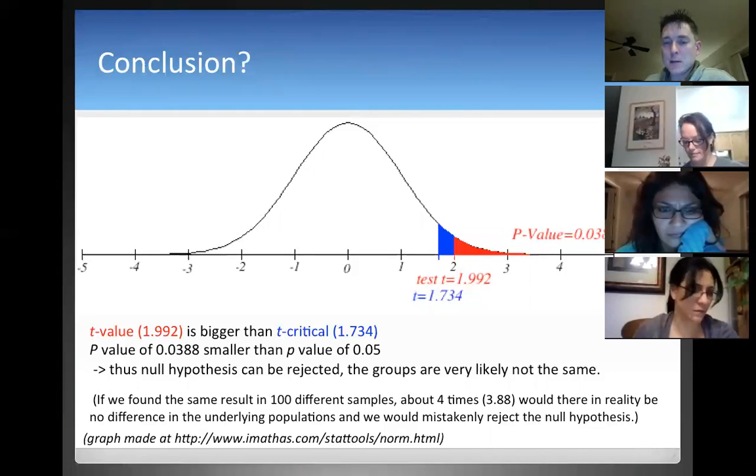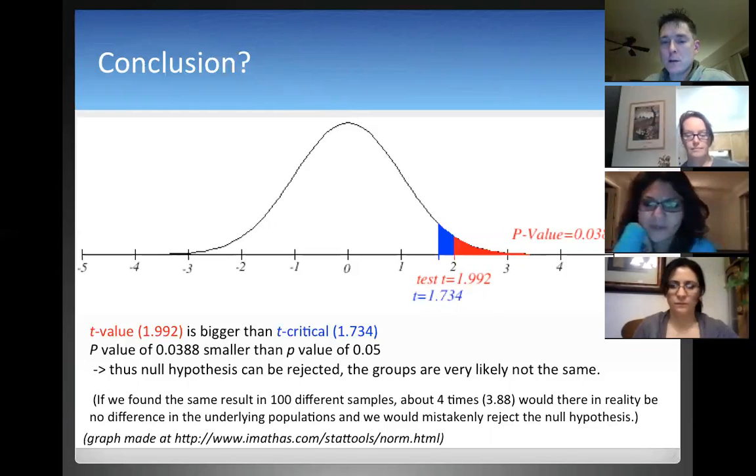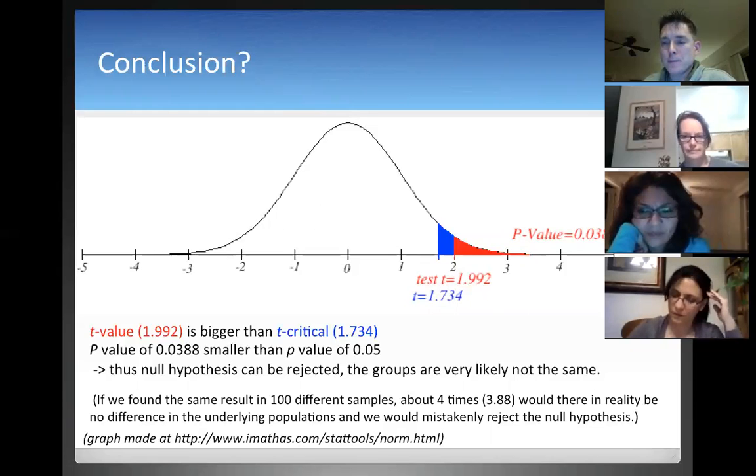Now we see that our calculated value is bigger than the critical value. So it's in that gray area. So what would you guys conclude? Alternative hypothesis and reject the null. Yes. It's not in this white space. The white space means it's not significantly different from null.